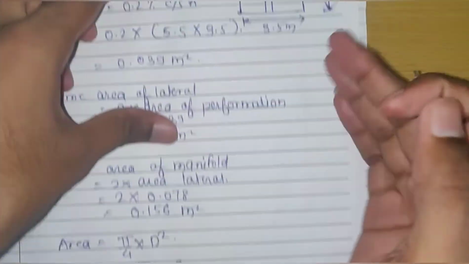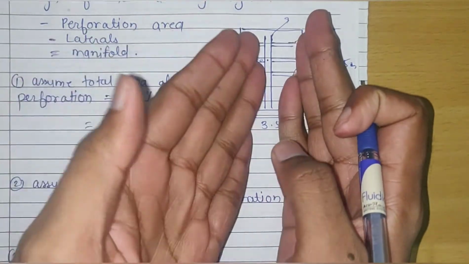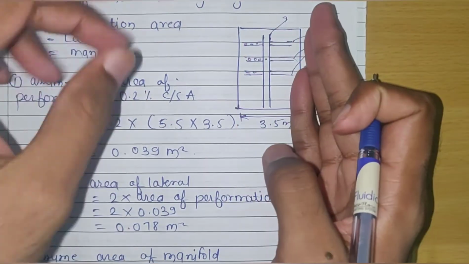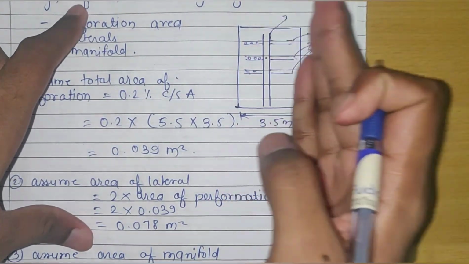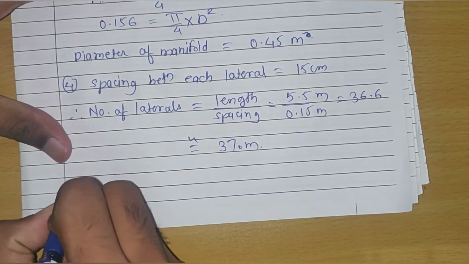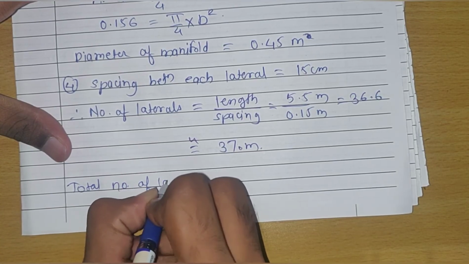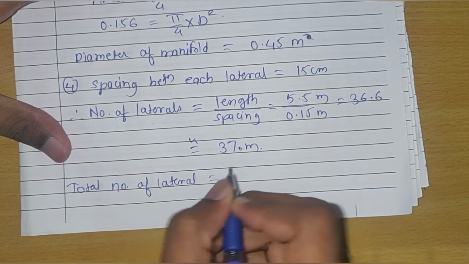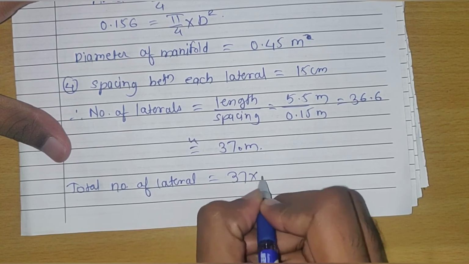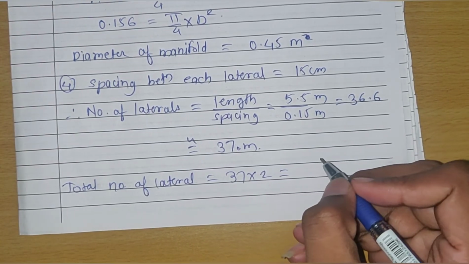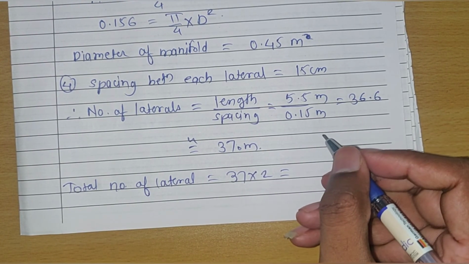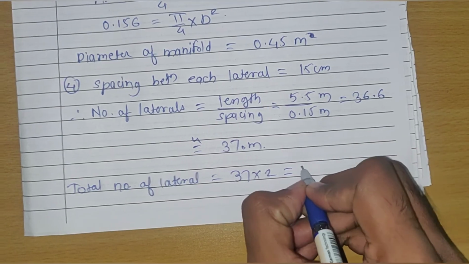That means 37 laterals are placed to the left side of the manifold, and 37 laterals are placed to the right side of the manifold. So the total number of laterals will be 37 into 2, that means 74 laterals.